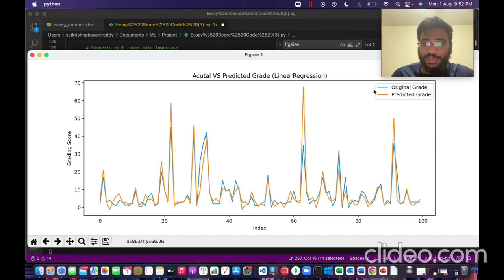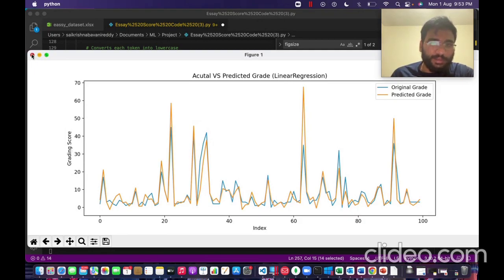The original grade given by the professor, which already exists in the data set, is shown in blue, and the grade predicted by the linear regression model is shown in orange. Here we can see they are almost similar, but sometimes the predicted grade is higher than the original grade, and sometimes the original grade is higher than the predicted grade.